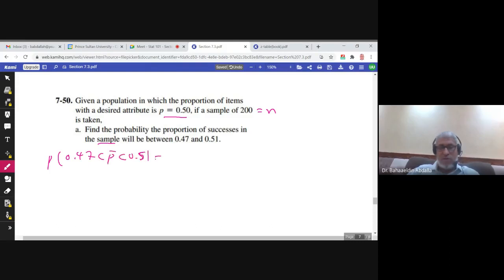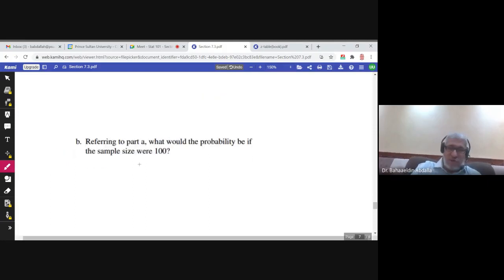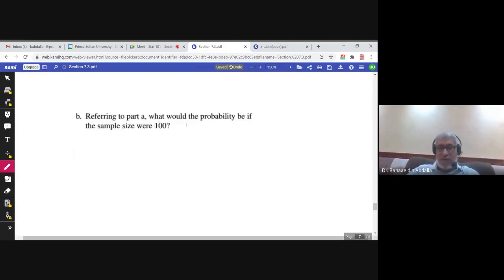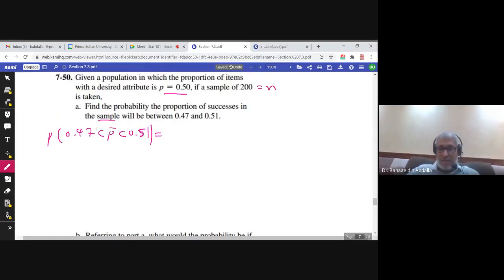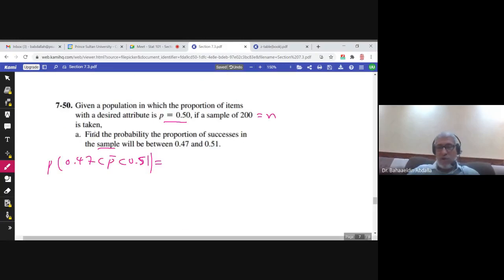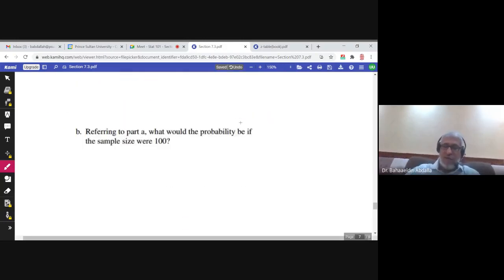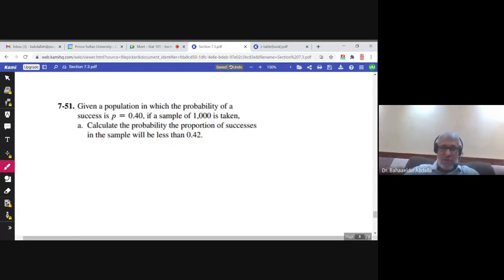This is just similar to the previous question. Referring to part A, what would the probability be if the sample size were 100? So it's exactly the same question, but once A when n is 200, B when n is 100, you will find the difference between them.